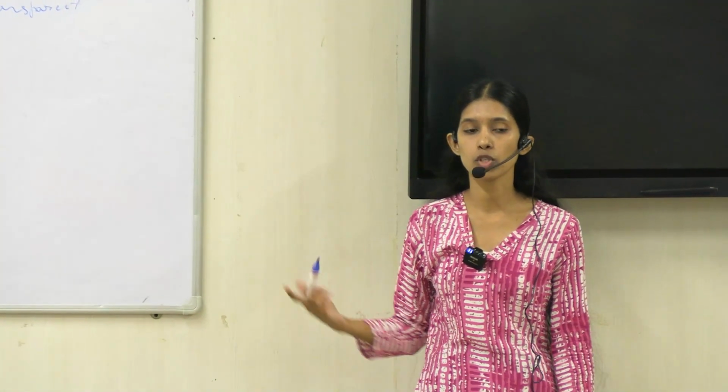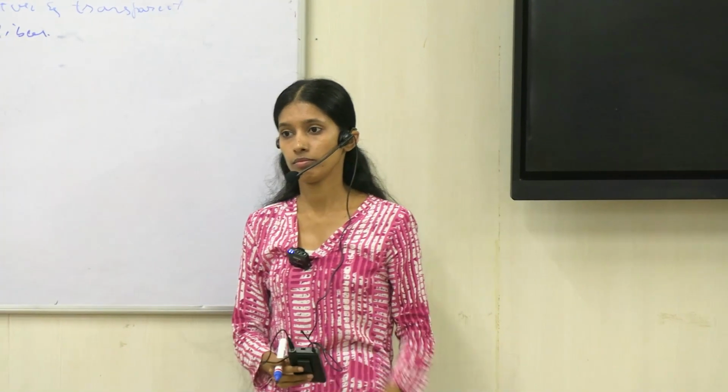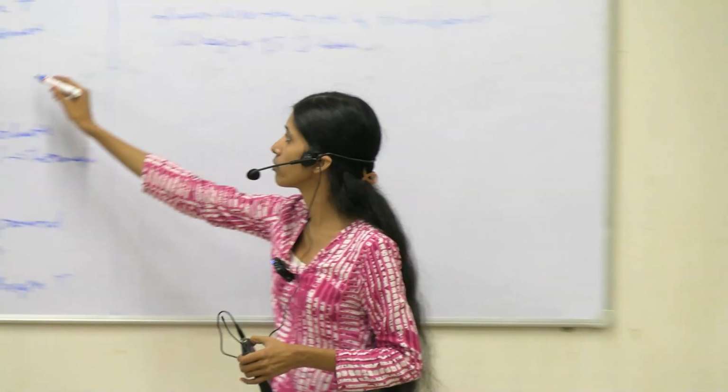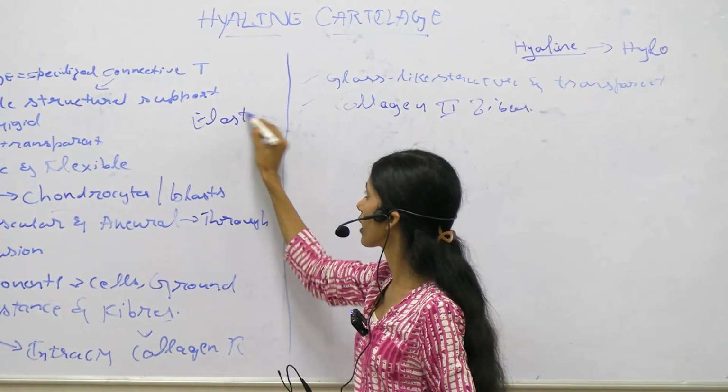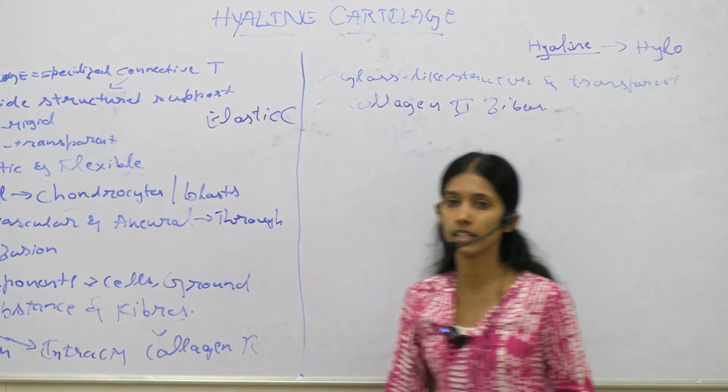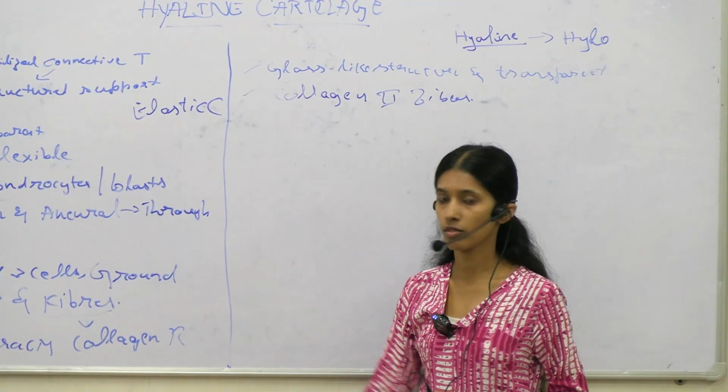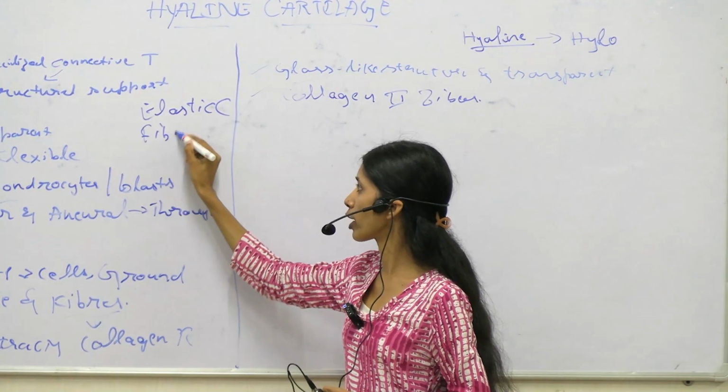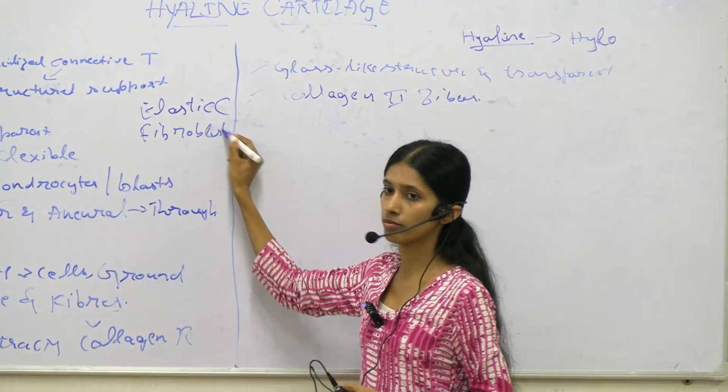What are the other types of cartilages apart from hyaline cartilage? Can you name them? We have hyaline cartilage. Other than that, elastic cartilage, and another one is fibrocartilage.